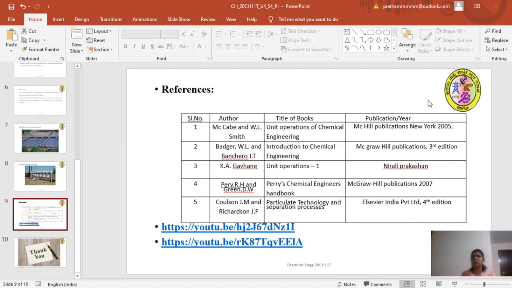For more information you can go to the books given here, and you can also use the YouTube link given here, which has animation videos of the working of sand filters.